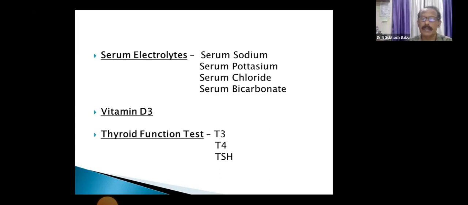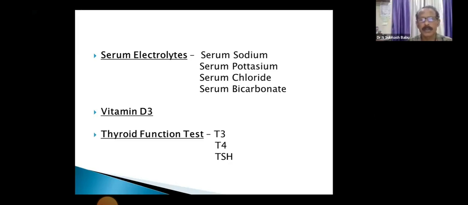And if it is advanced, then there will be some neurological symptoms also, like delirium, disorientation, and all. So the estimation of serum sodium is very important. And especially, you have to ask whether the patient is taking any diuretic medicine to control hypertension, for example hydrochlorothiazide, or the diuretic Dytor.